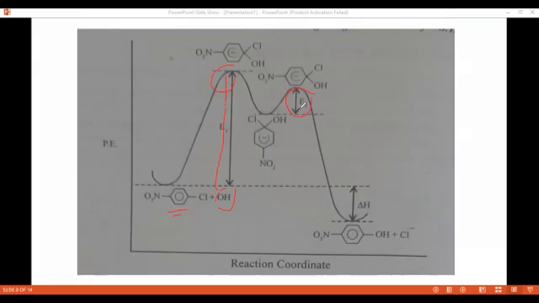In this energy profile diagram, which plots potential energy against the reaction coordinate, the first step has a high energy of activation, so it is slow, and the second step is the fast reaction with a low energy of activation.